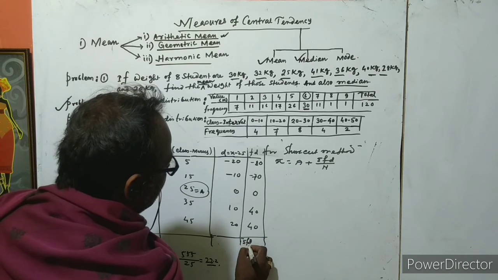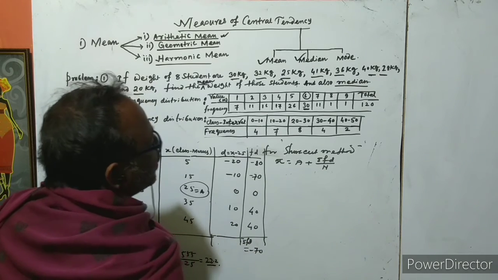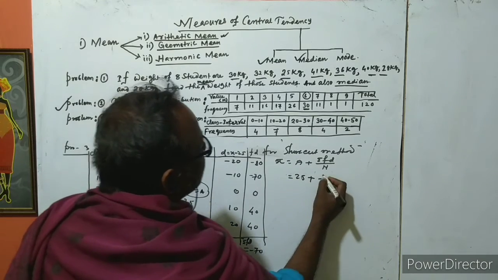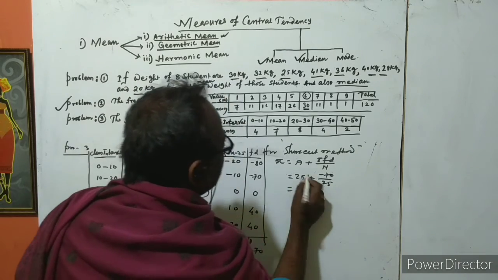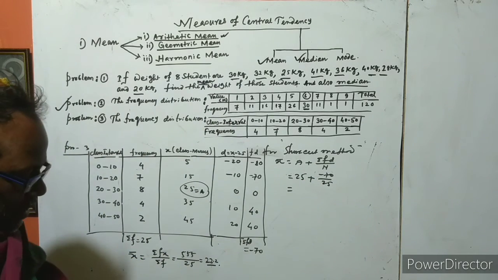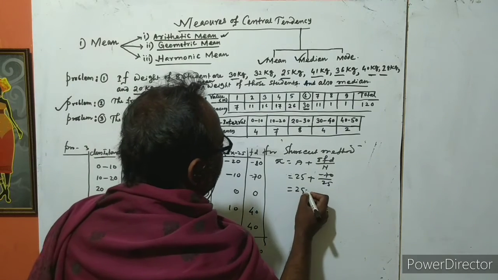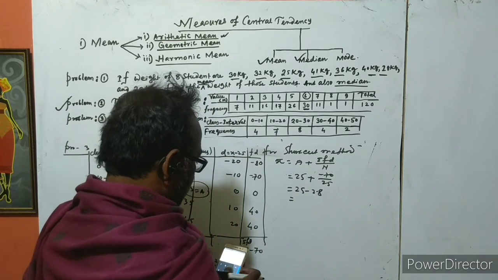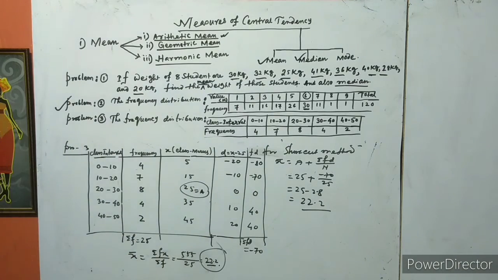So the sum of fd is 40, 40, 80, 80 are cancelled, then we get here minus 70. Okay, therefore A is 25, and summation fd is minus 70, and the sum of frequency here is 25. So 70 divided by 25, we get here 2.8. So 25 minus 2.8, we get 22.2. See, this value matches the previous calculation.